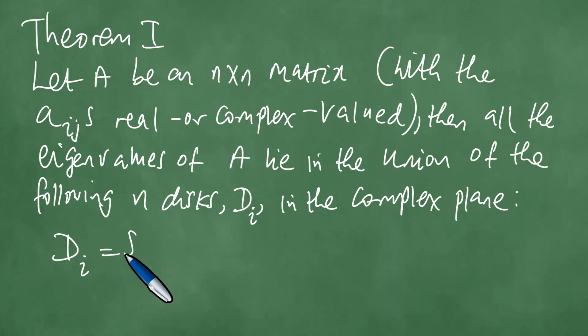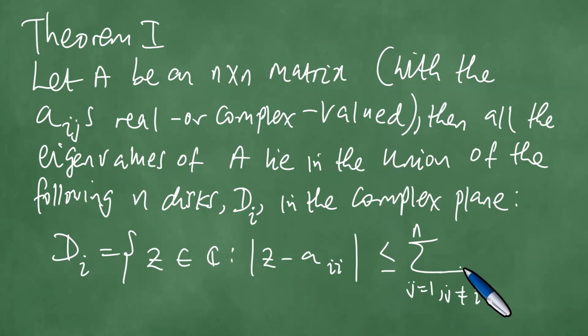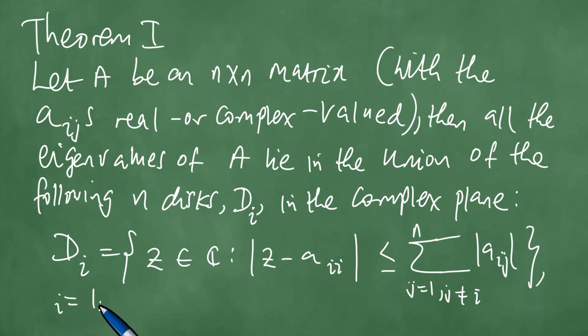D_i: z minus a_ii is less than or equal to the summation, like so, for i equals 1, 2, and so on.